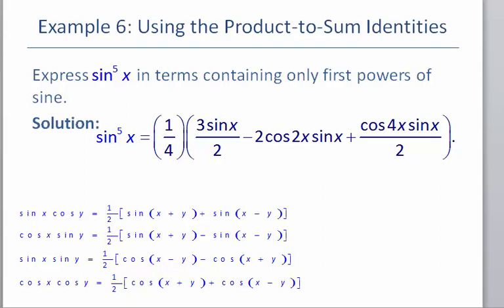So the first thing that I want to do is look specifically at this part of the problem. And we want to apply one of our identities to this. So I'm going to use the one that starts out with cosine and then sine.